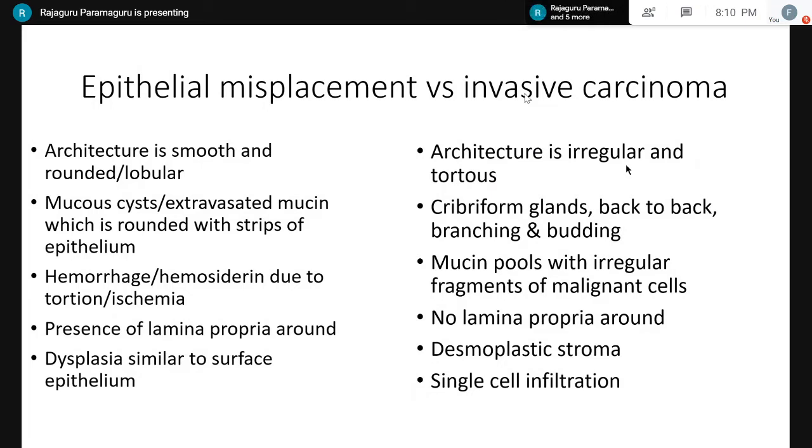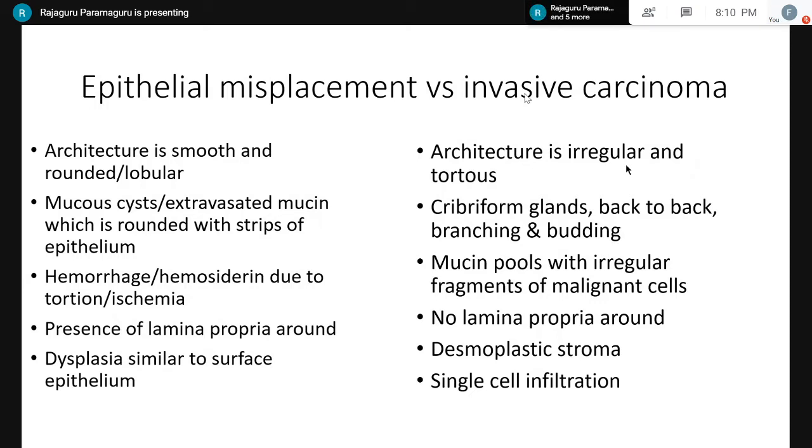There might be mucus cysts and extravasated mucin in epithelial misplacement, but the strips usually show rounded strips of epithelium lining these mucins. They are not going to float inside the epithelium. A misplaced epithelium is basically due to either a torsion, an ischemia, or an ulceration.